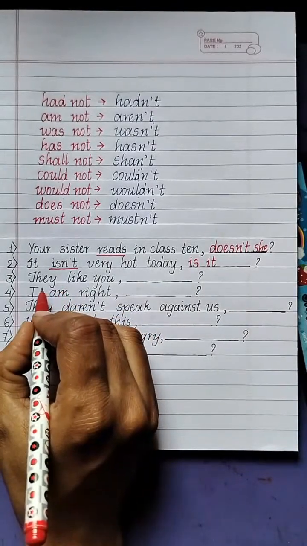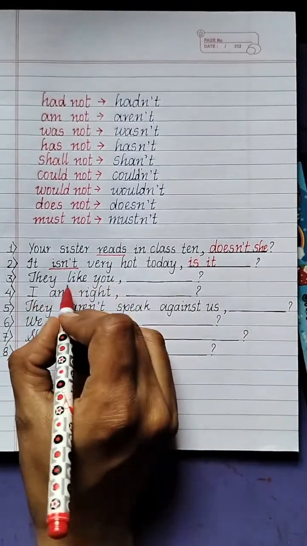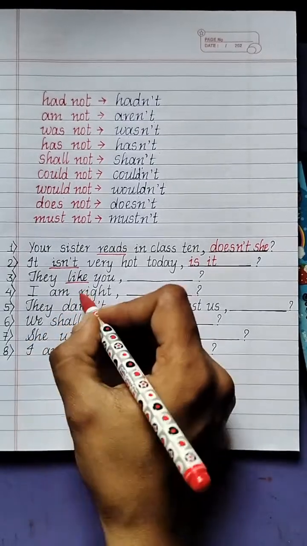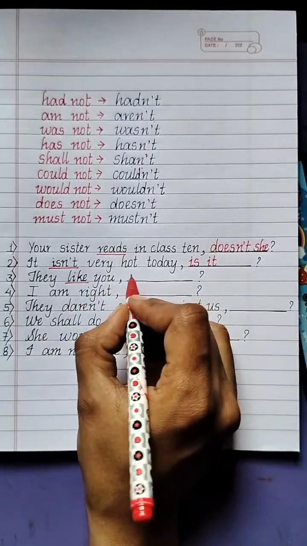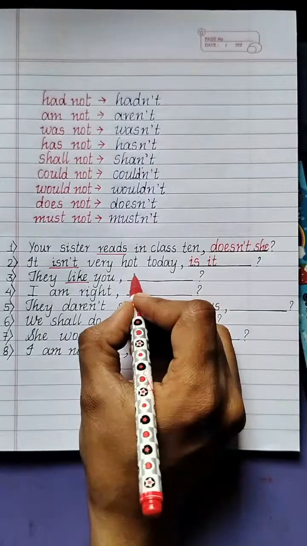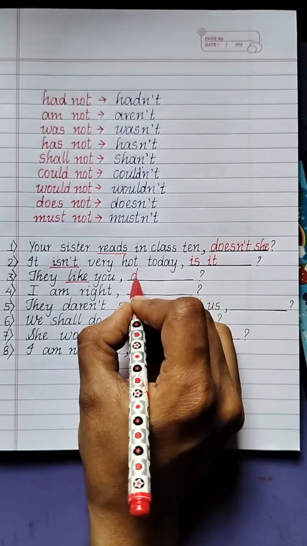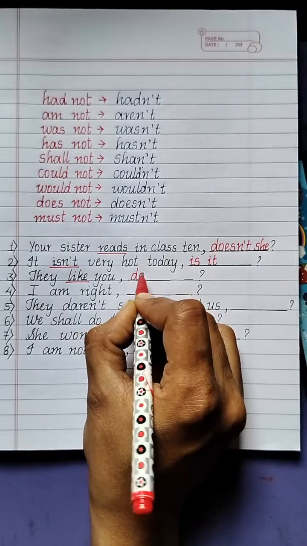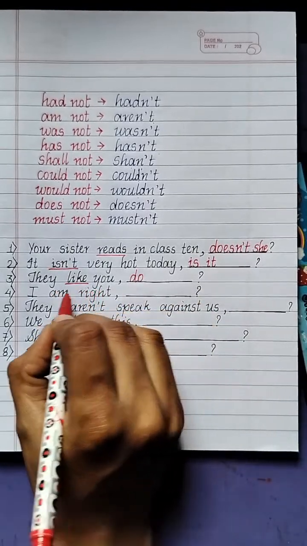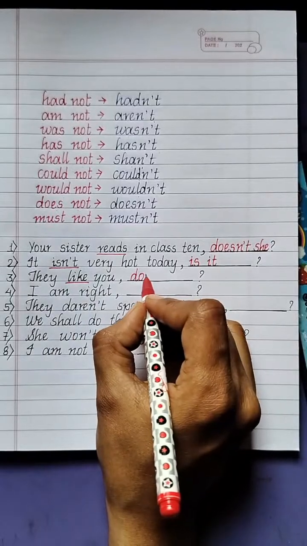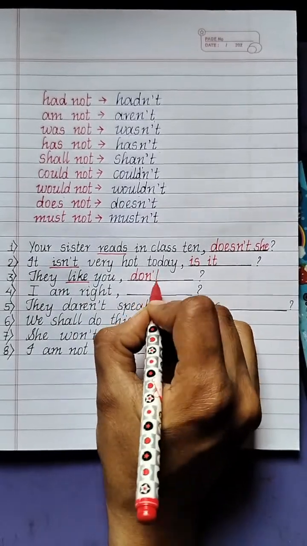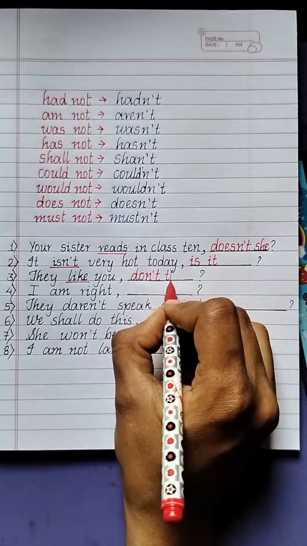Similarly, the third one, they like you. Like is used as a verb 1. So what will be the answer? Let's form the question tag. The statement is positive, so we'll form the negative question tag. Don't they?